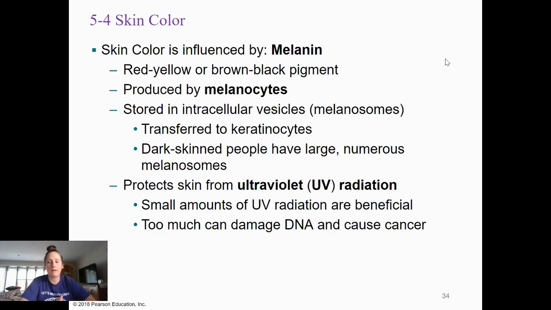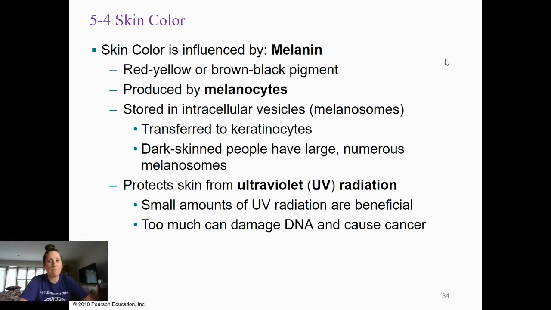Basically, what happens is that the melanocyte produces the melanin and releases it into keratinocytes via melanosomes, basically little packages that are sent, like Amazon, from the melanocyte to the keratinocytes. And somebody who has darker skin is going to have larger and more numerous melanosomes. So the more packages, they contain more melanin. And then you're going to end up with a darker skin tone.